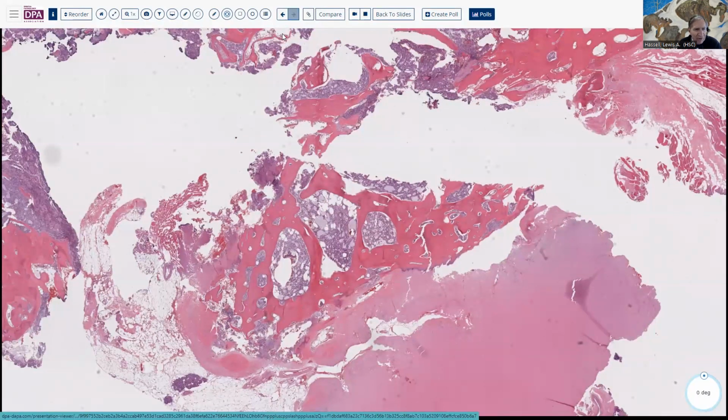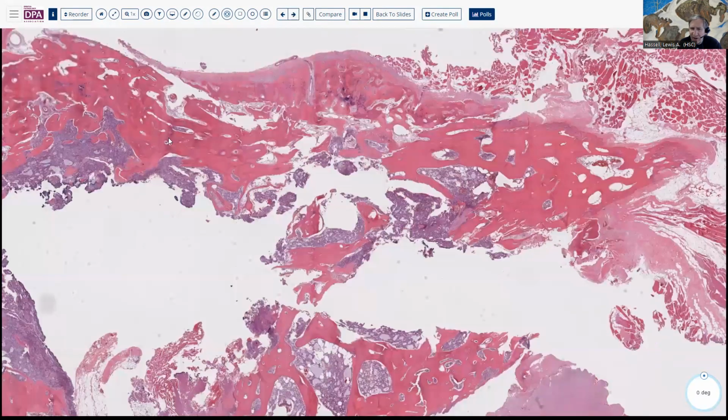In some of the soft tissue lesions, these can have hemangiopericytoma-like vessels, sort of thin-walled, ectatic, and branching or dilated vascular spaces that are the descriptor of the hemangiopericytoma-like lesions.